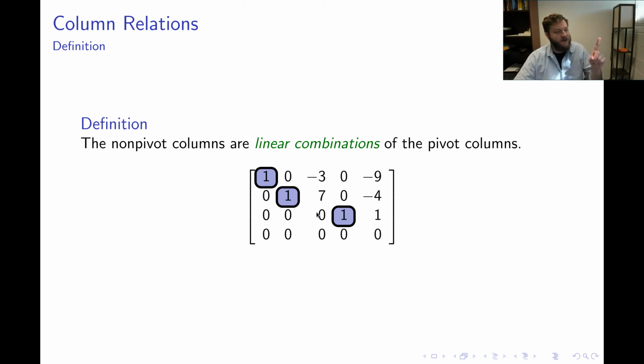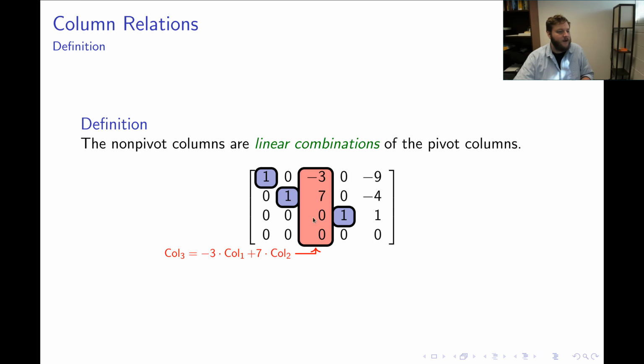If I look at the pivot columns coming before column 3, I realize that if I scale the first by -3 and the second by 7, that gives me a linear combination producing the third column. So the first non-pivot column, column 3, is -3 times column 1 plus 7 times column 2. That's a successful way to express this first non-pivot column as a linear combination of the pivot columns.